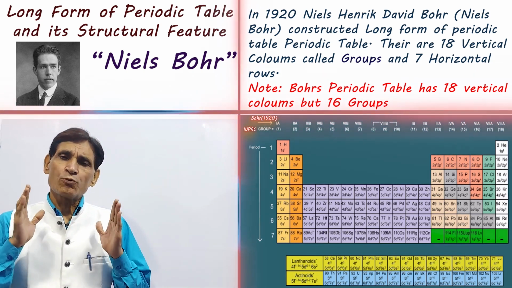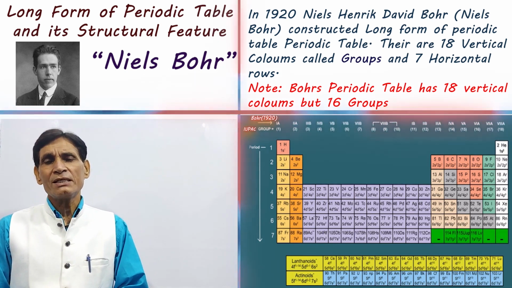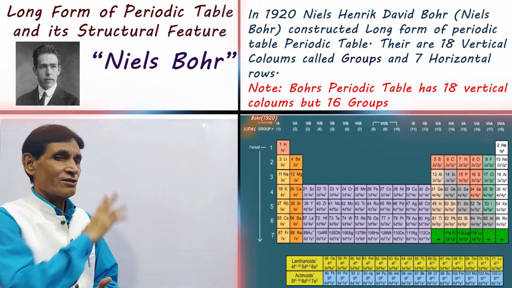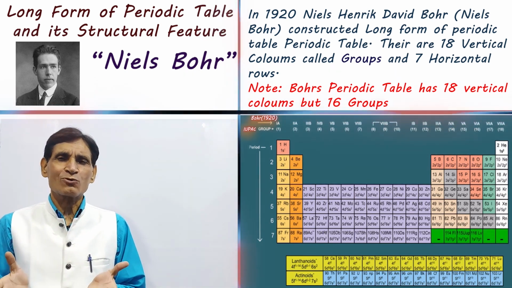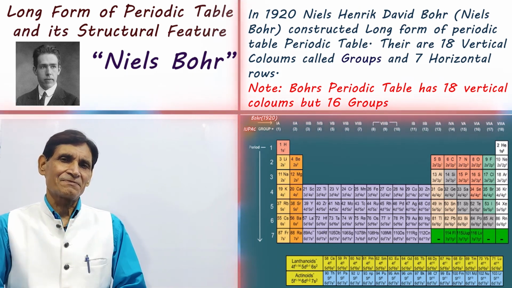So in Bohr's long form of the periodic table, there are 18 vertical columns, but groups are only 16.